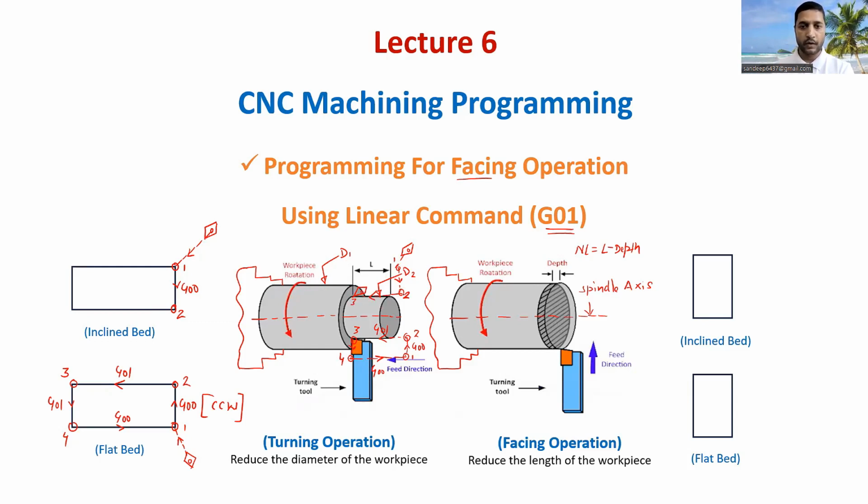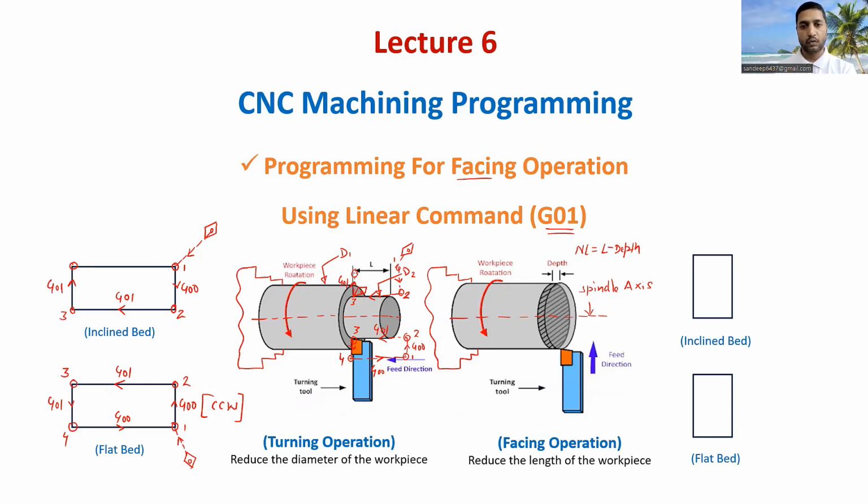So in order to reach now here from point 2 to 3, we will remove the material from the workpiece with linear interpolation code. Then we will go from 3 number point to 4 number point. Let us say here is point number 4, with the linear interpolation again, because there is a contact of the cutting tool with the workpiece. So we are moving with linear interpolation code again here.